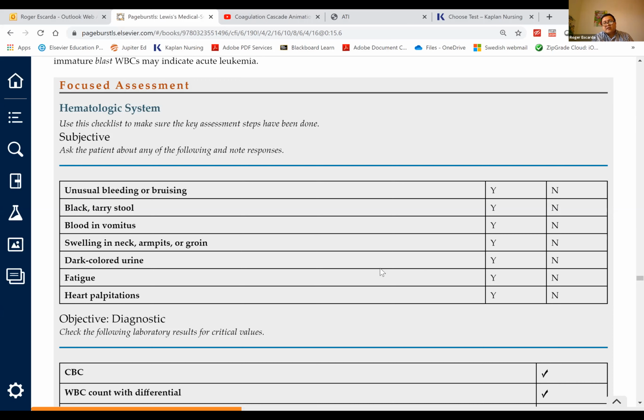The blood loss could be acute or chronic. So these questions are all about investigating the possible cause.